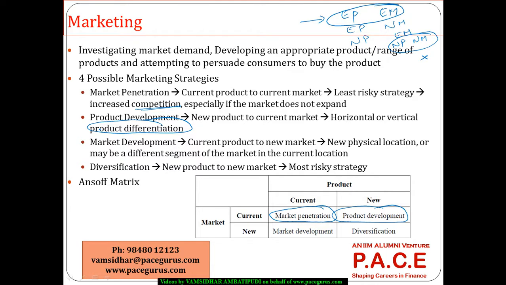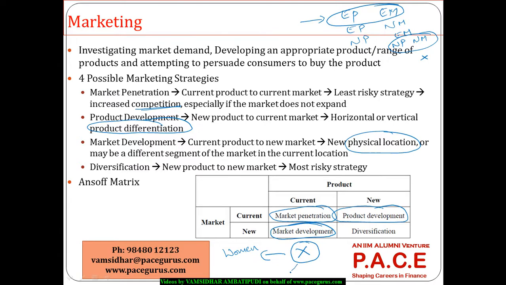So that's one strategy which the company can look at, or it can take the same product to a new geography altogether or to a new customer base. It could be a new physical location or a different segment. Probably earlier a soap X was targeted primarily towards women.